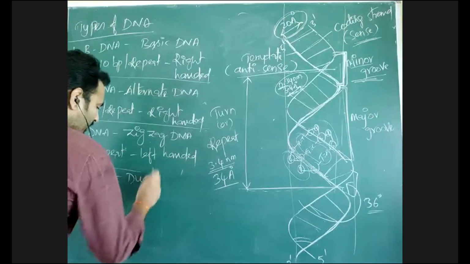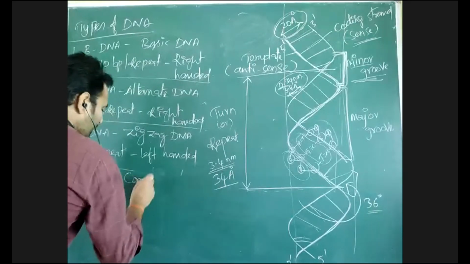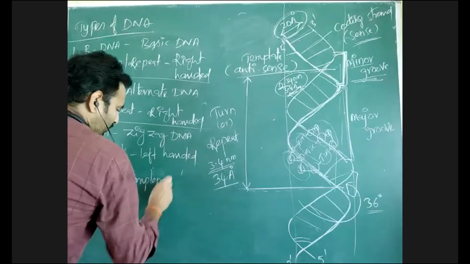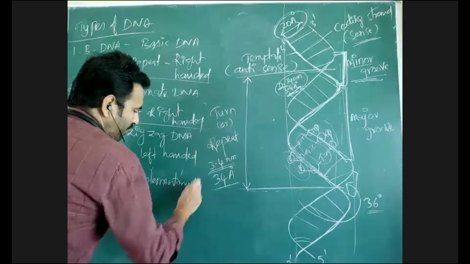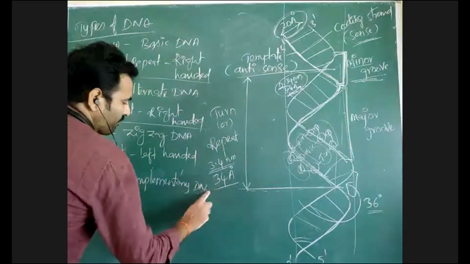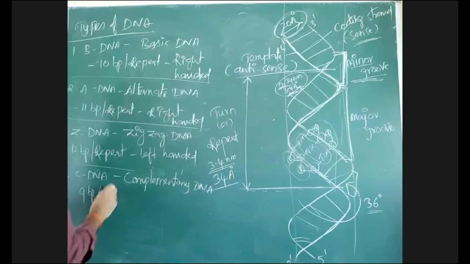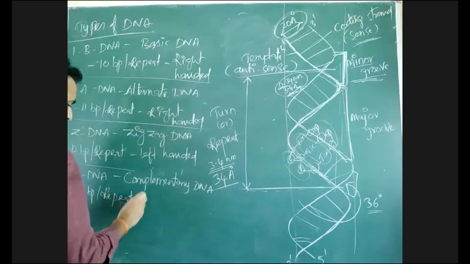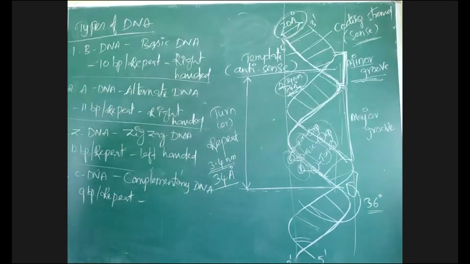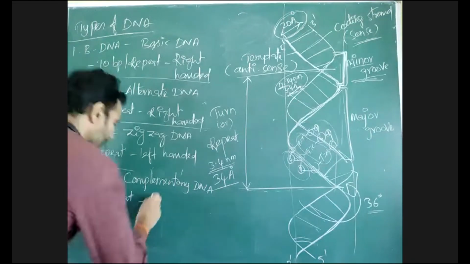Then the fourth one, cDNA. cDNA stands for complementary DNA. It has 9 base pairs per turn or repeat. This cDNA is a right-handed helix.